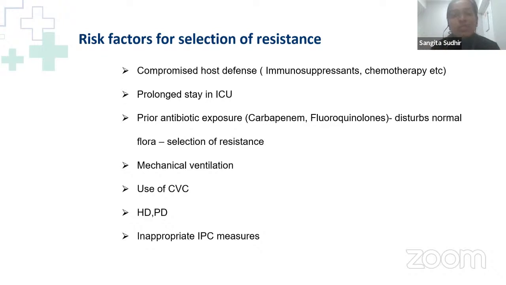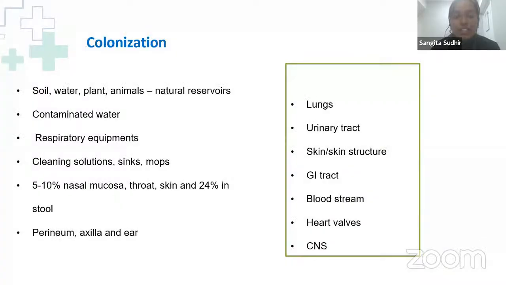These colonizers will become pathogenic and especially cause nosocomial infections, both of them. So they usually appear in contaminated water, respiratory equipment, and cleaning solutions, sinks and mops could be some of the transmitters. And these are some of the infections that they can cause.